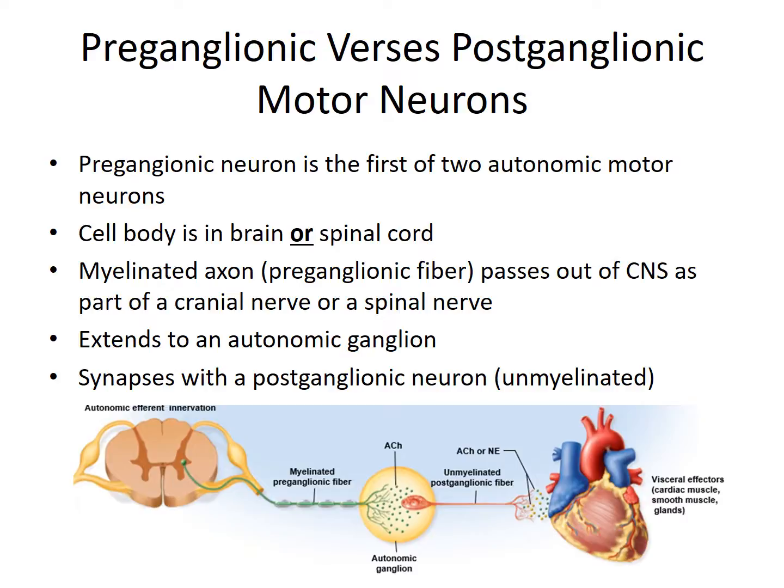This preganglionic neuron always has a myelinated axon, the preganglionic fiber, that passes out of the central nervous system as part of the cranial nerve or spinal nerve. And it extends to an autonomic ganglion and synapses there with a postganglionic neuron, which is unmyelinated.